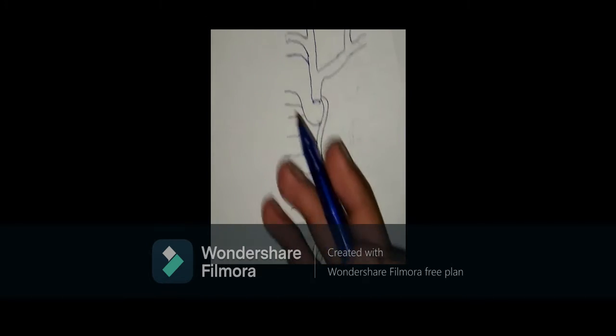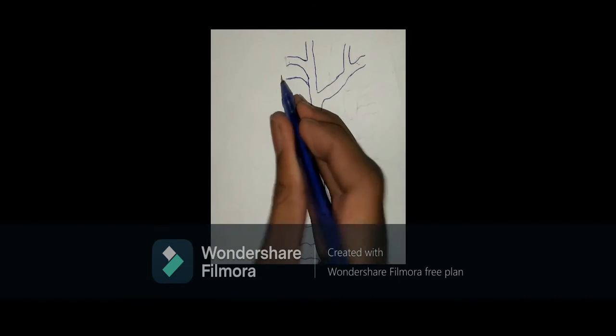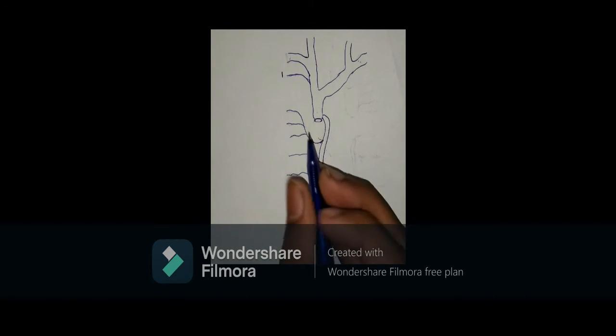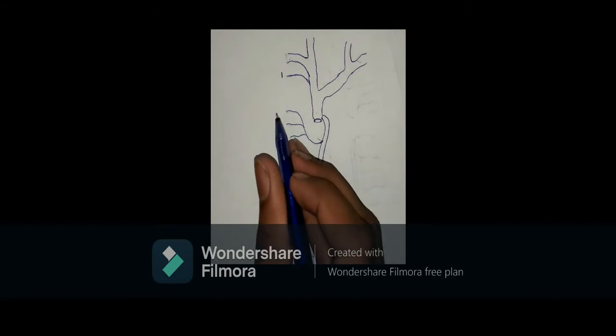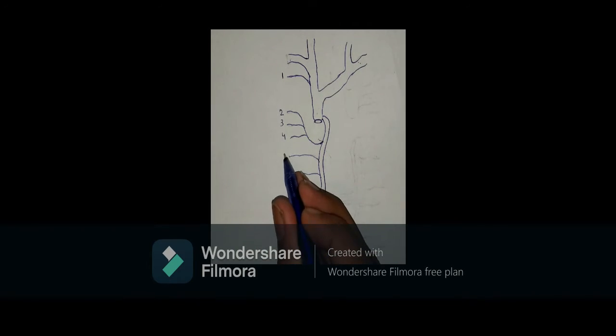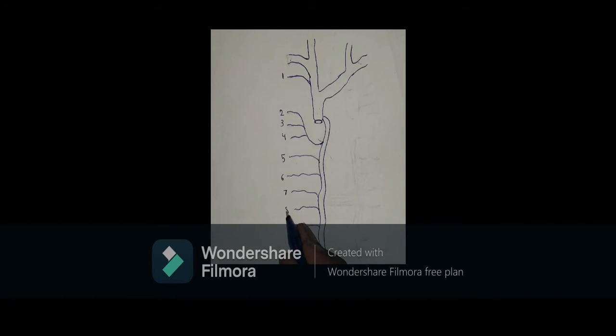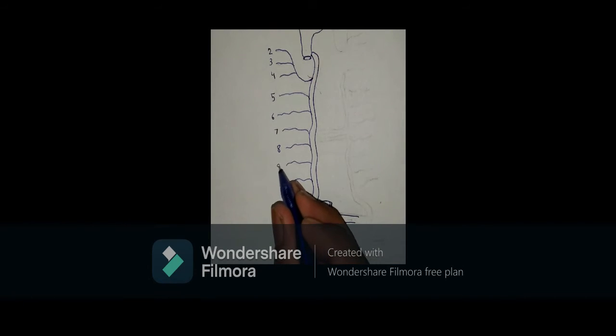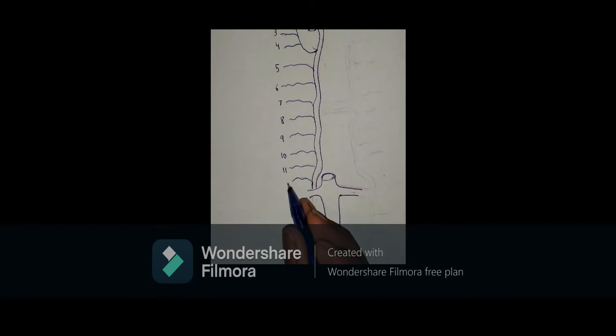So right here is the first posterior intercostal branch, and the second, third, fourth, fifth, sixth, seventh, eighth, ninth, 10th, 11th, and there is no 12th posterior intercostal branch.